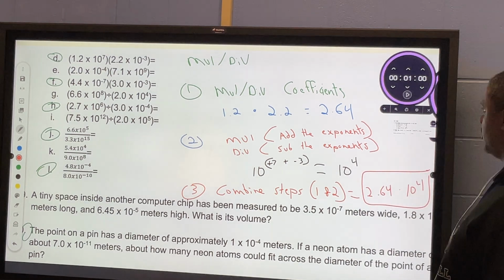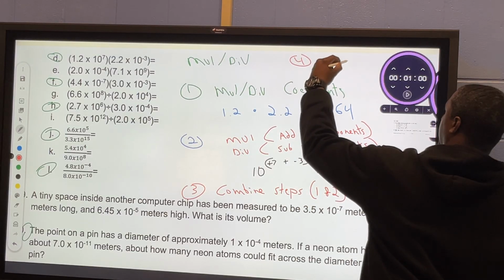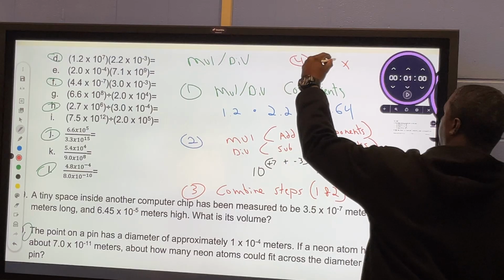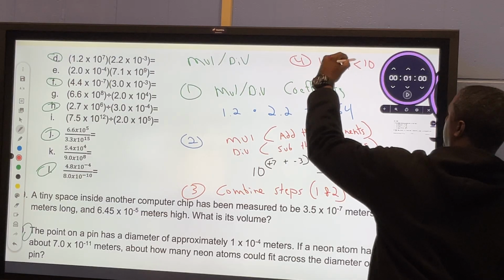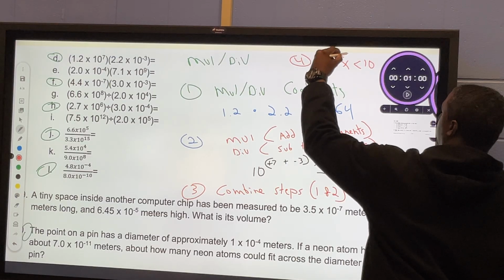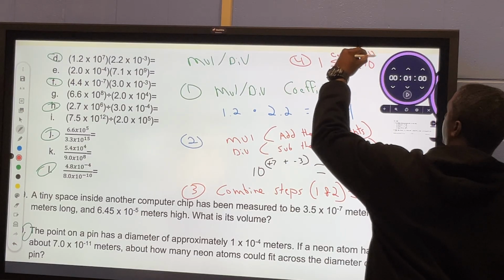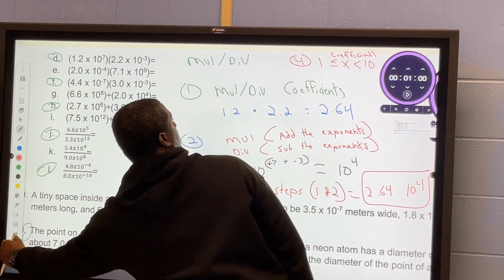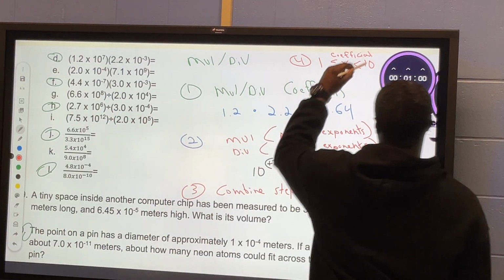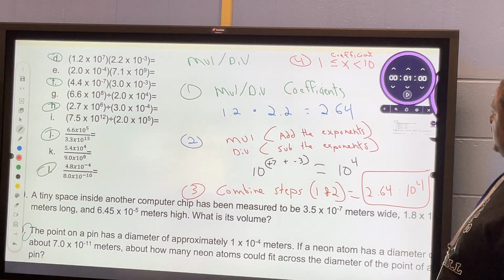Now, on step 4, I have to ensure that my coefficient is greater than or equal to 1 and less than 10.